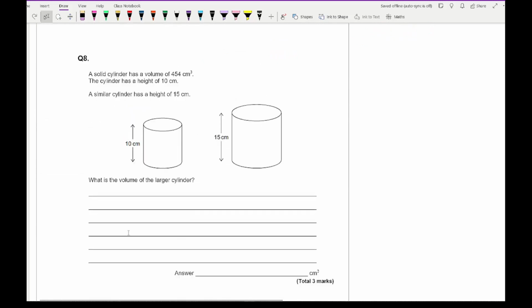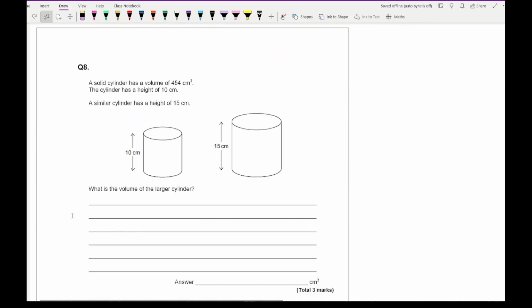Moving on to question 8, again another volume scale factor question. It says that a solid cylinder has a volume of 454 centimeter cubed. The cylinder has a height of 10. A similar cylinder has a height of 15. Work out the volume of the larger cylinder. So again, the length scale factor is going to be 15/10, which is 1.5. So the volume scale factor is going to be 1.5 cubed.